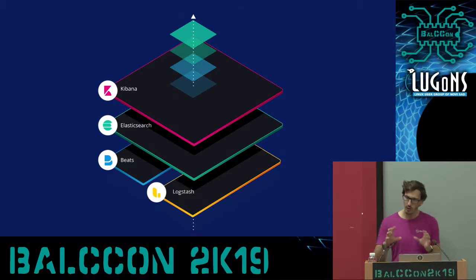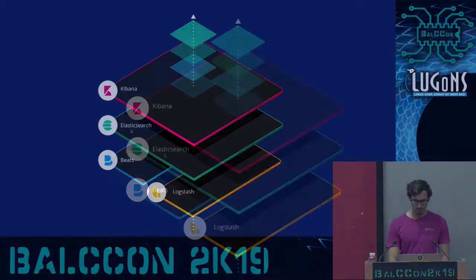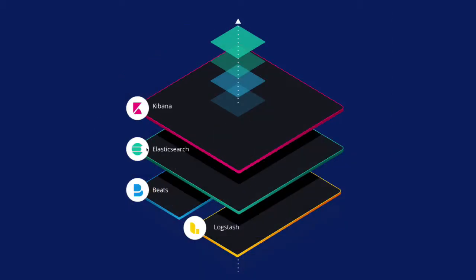And the two components where we want to look into what Seccomp is actually doing is Elasticsearch, which is kind of our oldest component and where you store your data, and Beats, that is the agent that runs probably on all your hosts or as a sidecar on your containers or as a daemon set in Kubernetes to collect data.